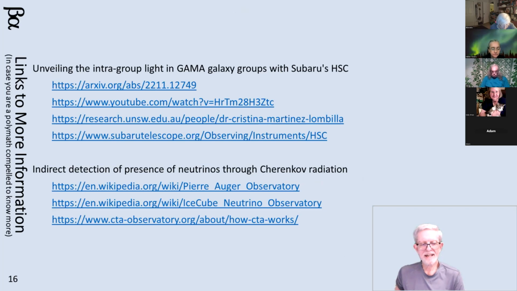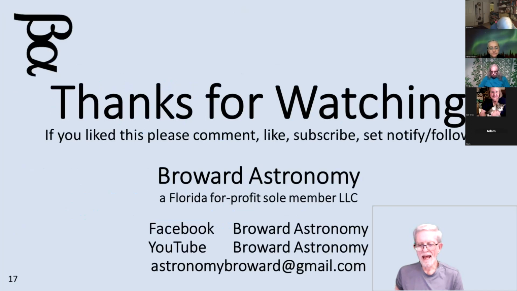And indirect detection of neutrinos in the atmospheric sky through Cherenkov radiation. There's a couple of the detectors there.